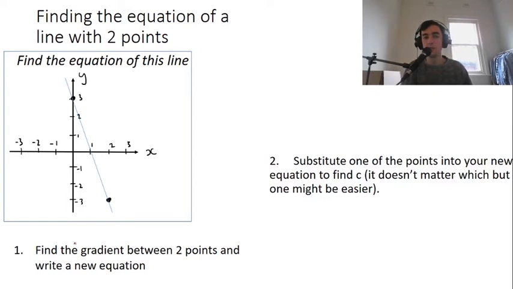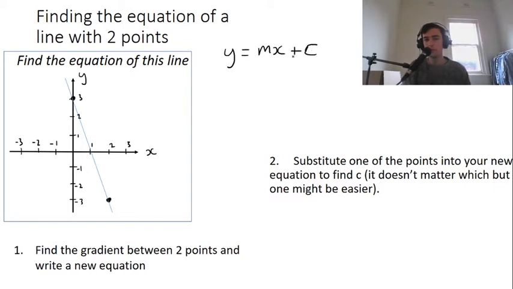So, first of all, we're going to find the gradient between 2 points. Just in case you don't know why we would like to find the gradient, let me remind you that we learned last time the gradient intercept form of a straight line.